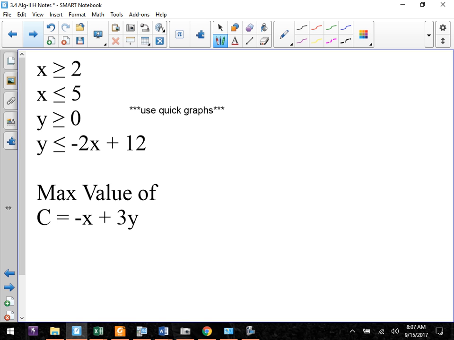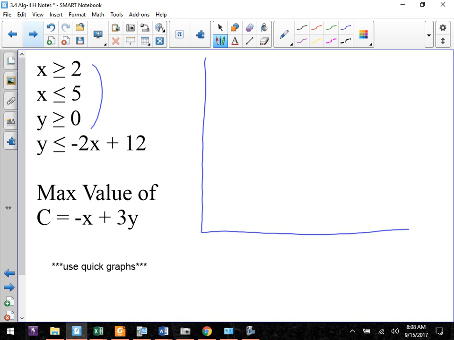We're going to use our quick graphs and think through it. Looking here with just these first 3 constraints, what quadrant should this occur in? First quadrant. Just looking at the values that they're giving you, you should be able to determine that you're just going to have to worry about the first quadrant. Obviously, you're not going to be at 0, but you're going to be in that same realm. Okay? So we draw a first quadrant.